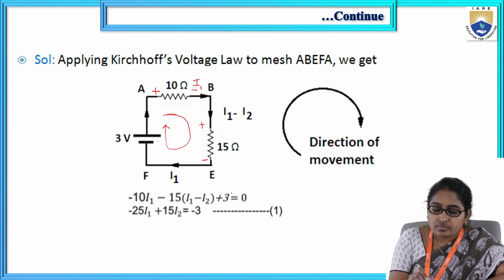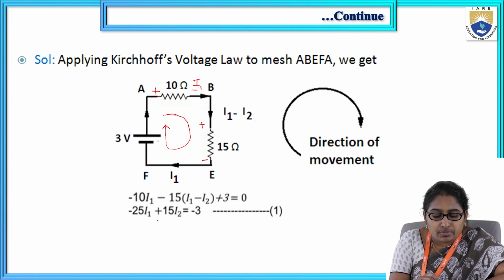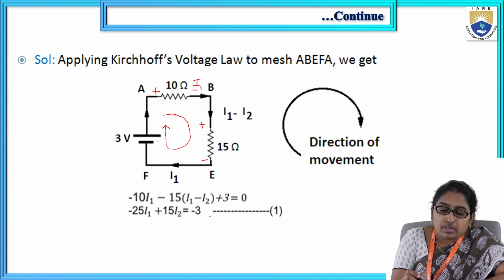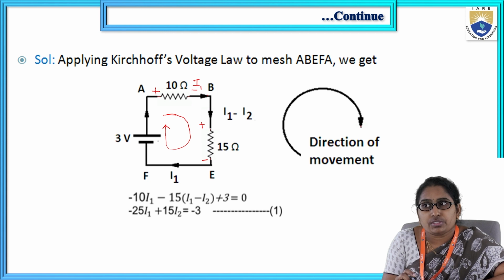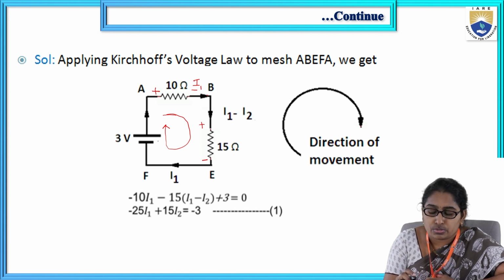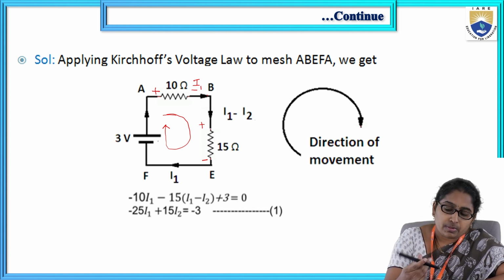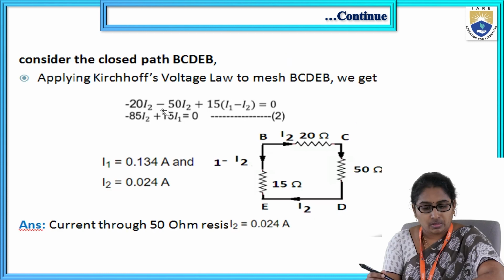The equation is simplified and we get minus 25 I1 plus 15 I2 equal to minus 3. This is the first equation, the KVL equation for the first closed path, that means the first mesh.